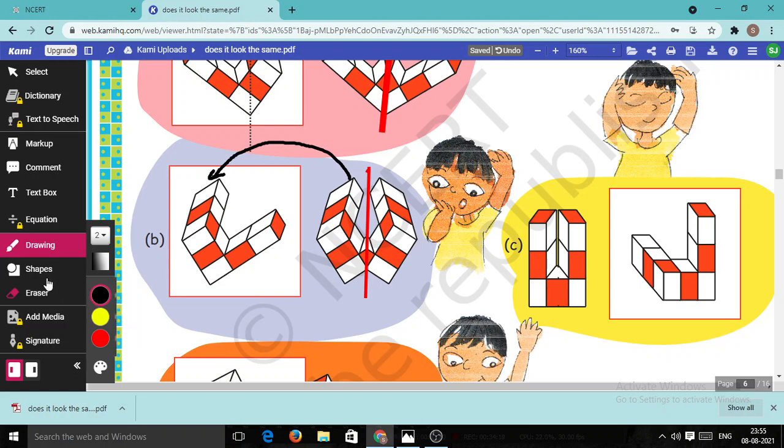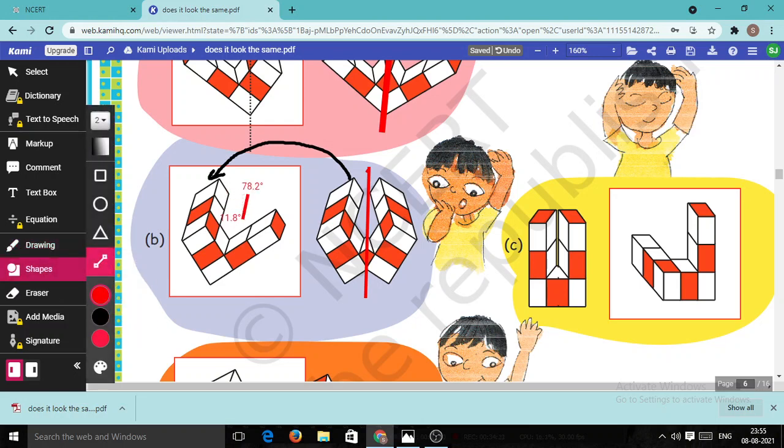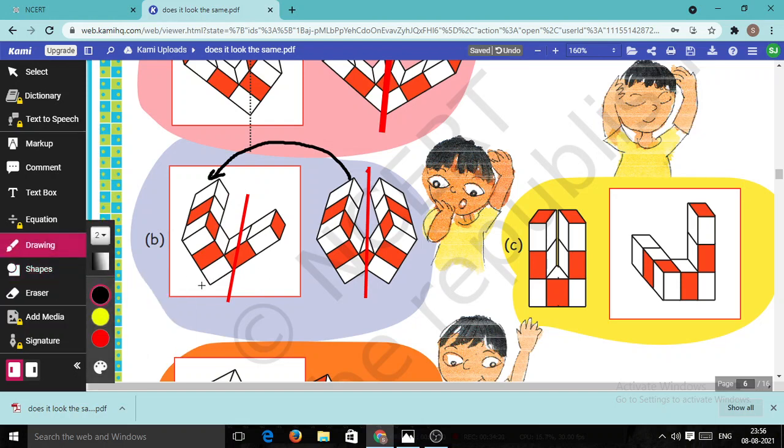So from somewhere here you have to draw the line like this, because look here, this part is completely matched with this part. This part is matched with this part. Again this part is matched with this part. So here this line is exactly matched with each other.